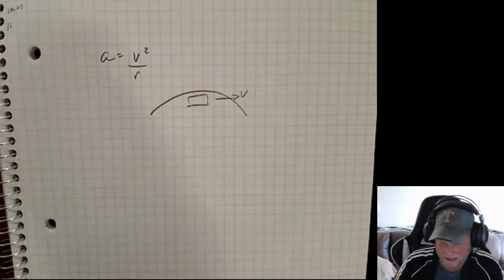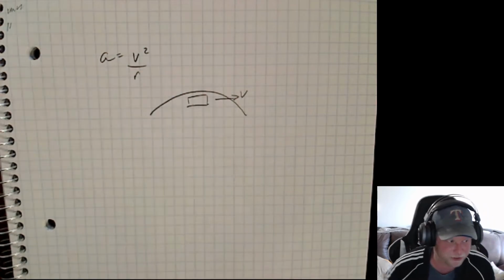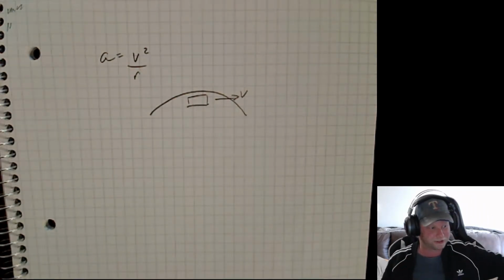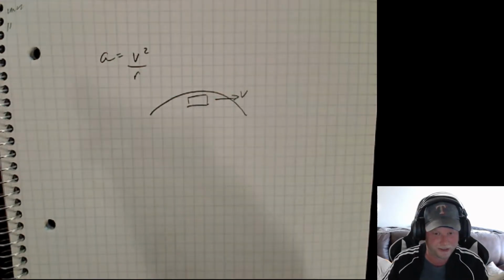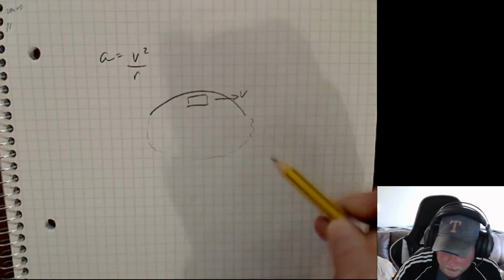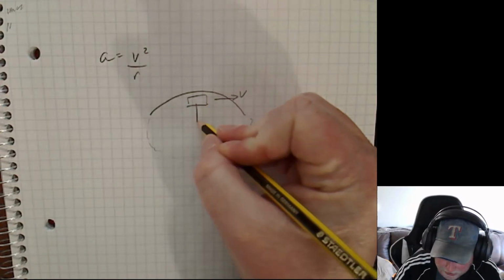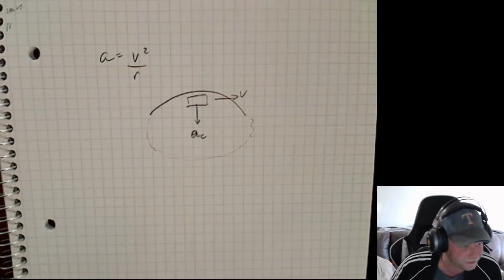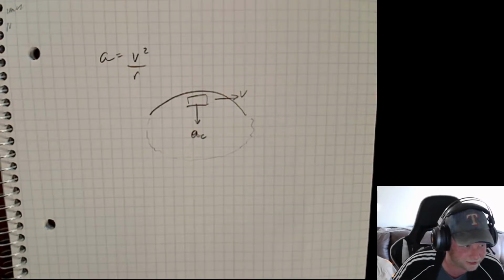Now, again, anything that is moving through any segment of a circular path is considered circular motion, even if it's just rounding a curve. If you mentally fill in the rest of the circle, your centripetal acceleration always points towards the middle of that circle.